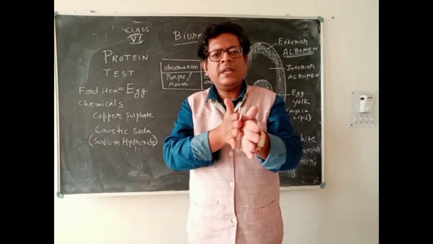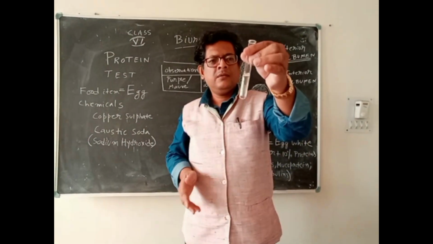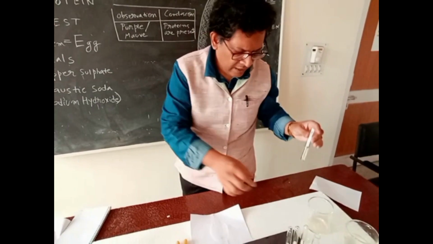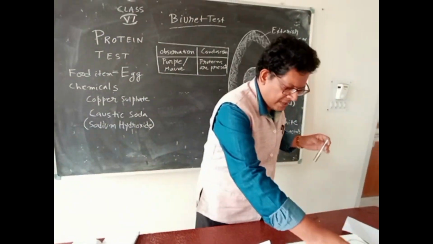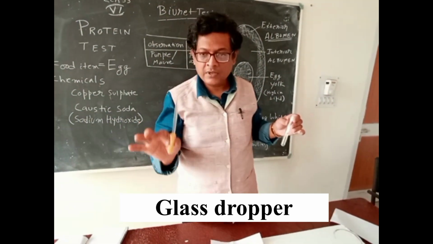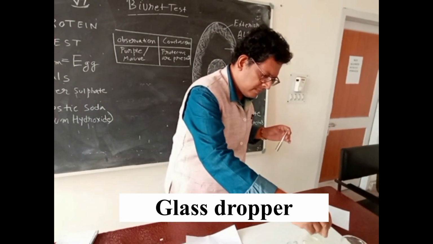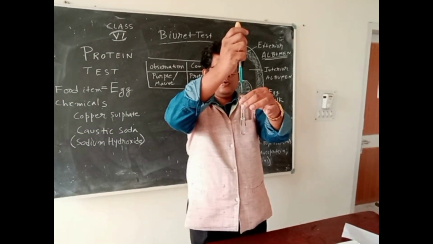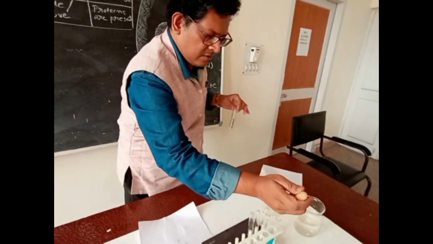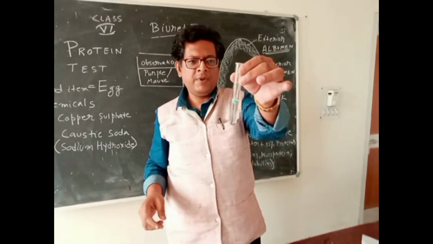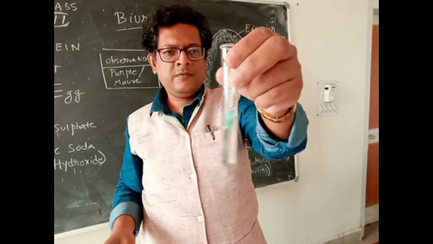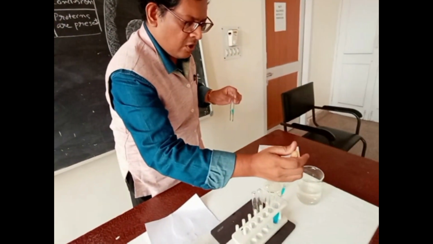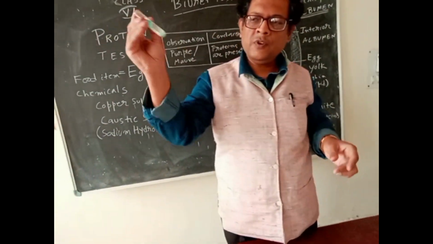Now I pour a little bit of copper sulfate. For that purpose I am using a glass dropper. 1, 2, 3. Let's see what happened. I put another 2 or 3 drops, then I shake it vigorously.